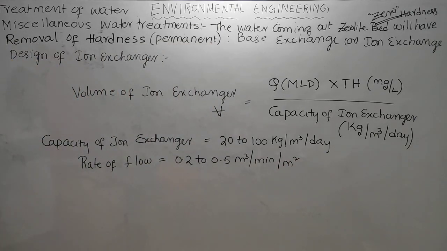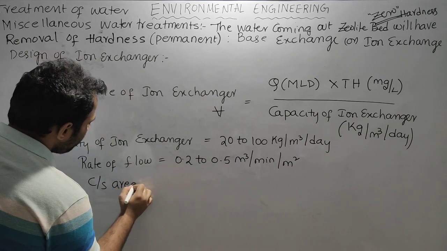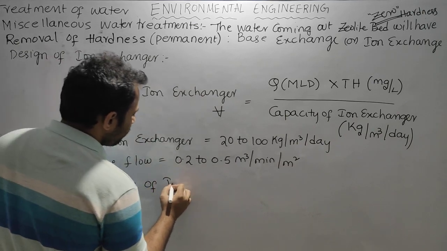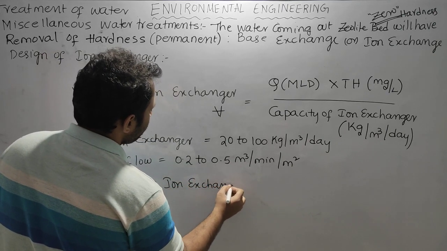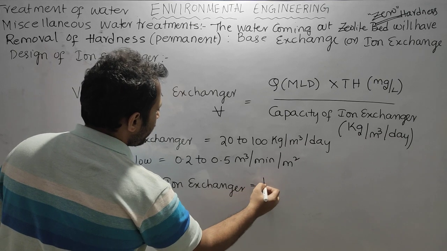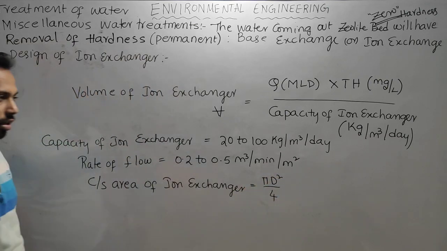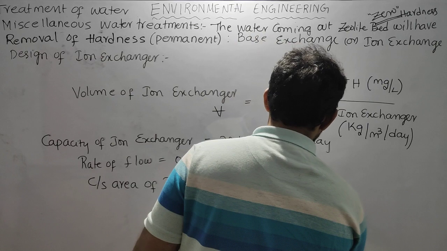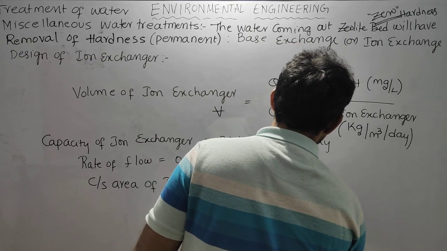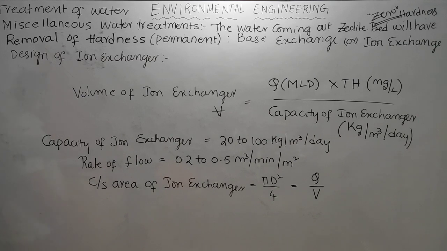And the cross-sectional area of ion exchanger, that is pi d square by 4, where d is the diameter of the ion exchanger, is equal to Q by v, where v is the rate of flow.